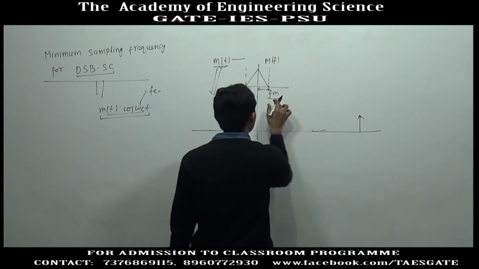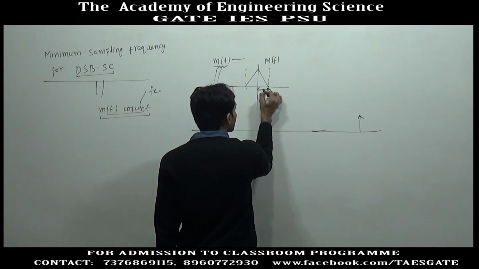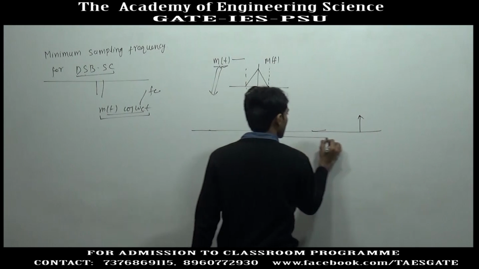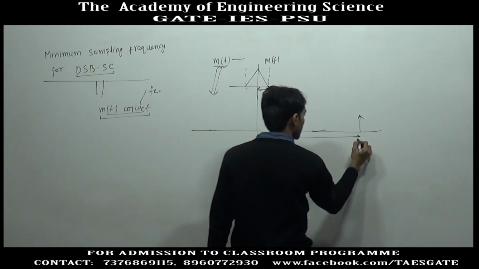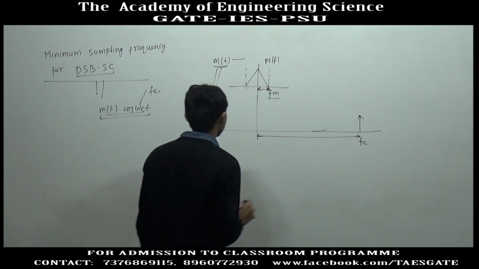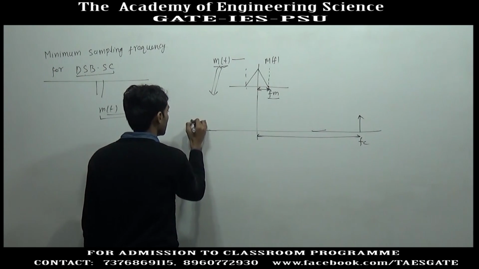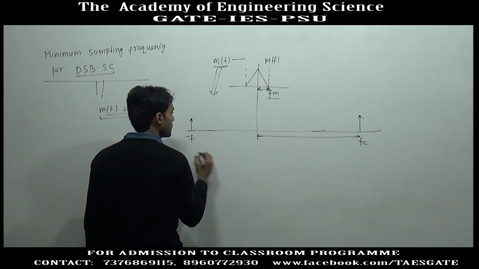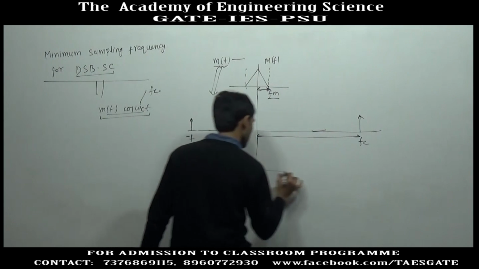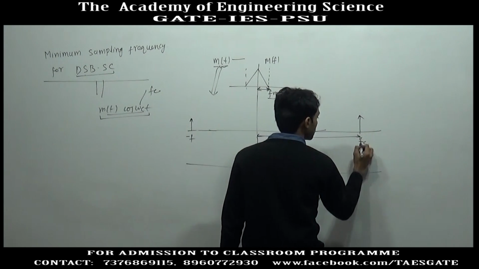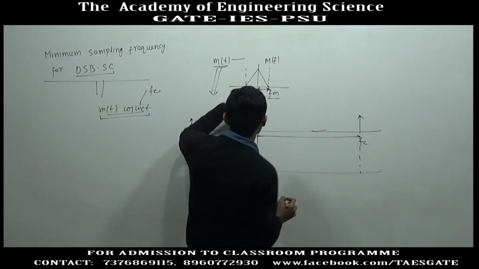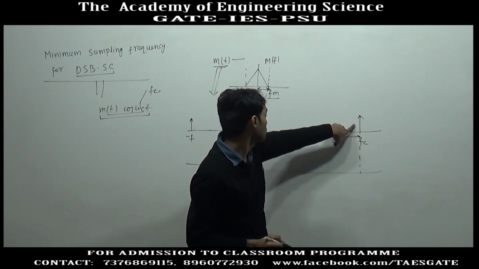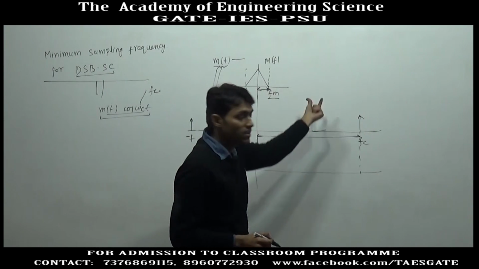Fc is much higher than Fm. So, I am showing it this much length, and Fc is here, and similarly the negative component, minus Fc. If we take the convolution of these two signals, if we take the convolution of this M(f) with this, the signal will be shifted by Fc.